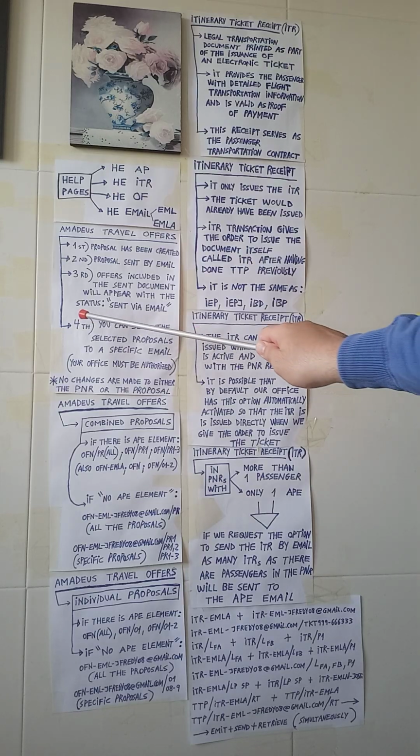The fourth point is deciding whether you want to send the proposals with the offers to all the email addresses listed in the booking, or if you prefer to send them to just one or some of the available email addresses.